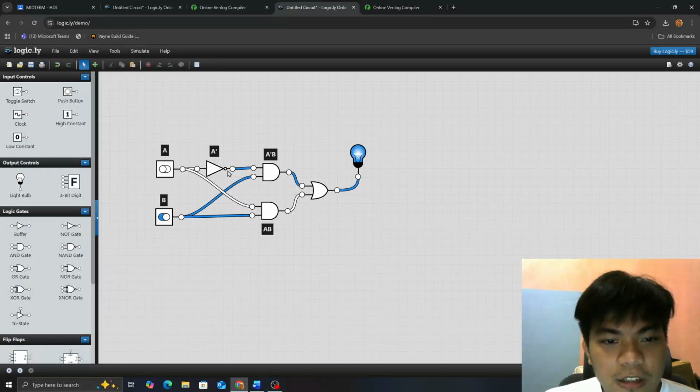Because if A is off, the not A is active, which means gate A and B is active and the OR gate triggers the light switch. Now let's head on to the next problem.